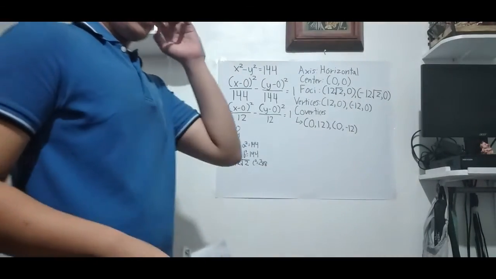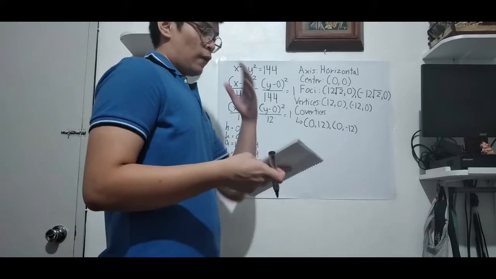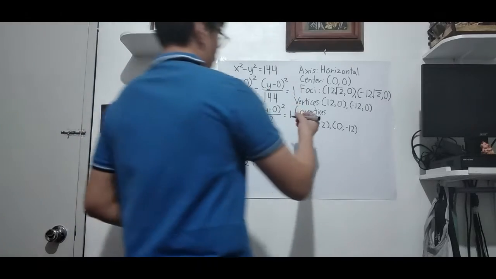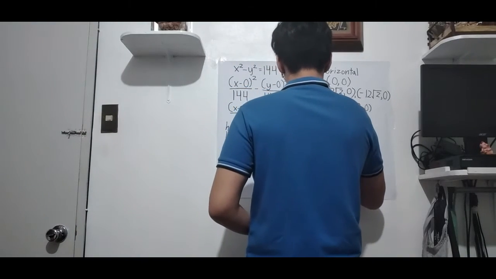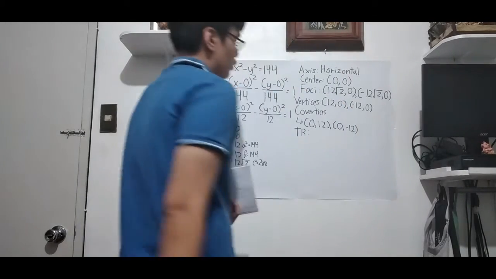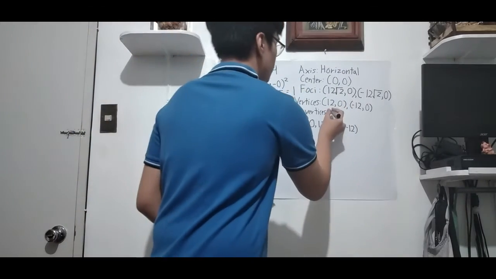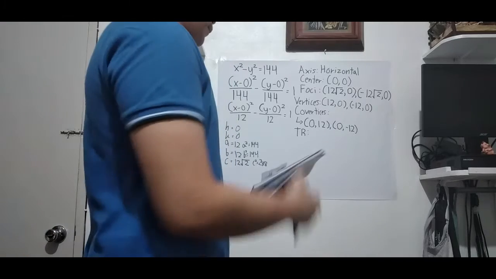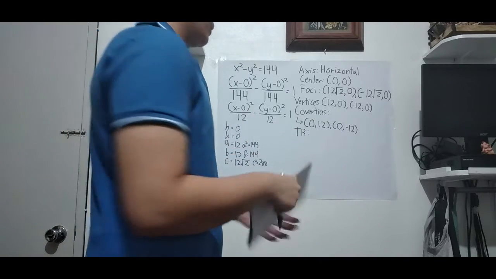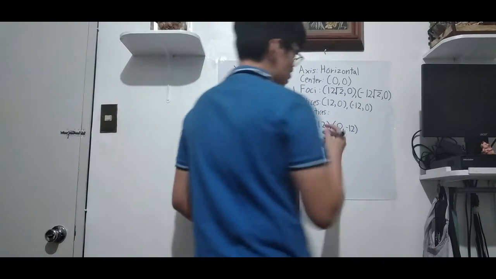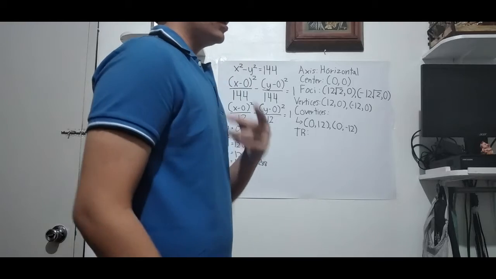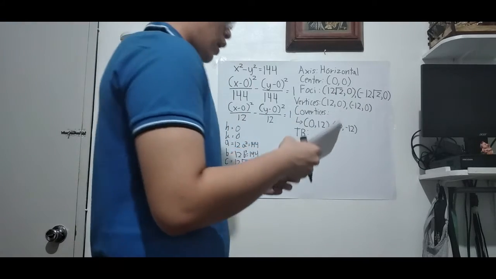Now we just have to find the transverse axis, the conjugate axis, and the c squared. We find the transverse axis first. It would be equal to 2a, so we just simply multiply our a by 2. 2 times 12 would give us 24.